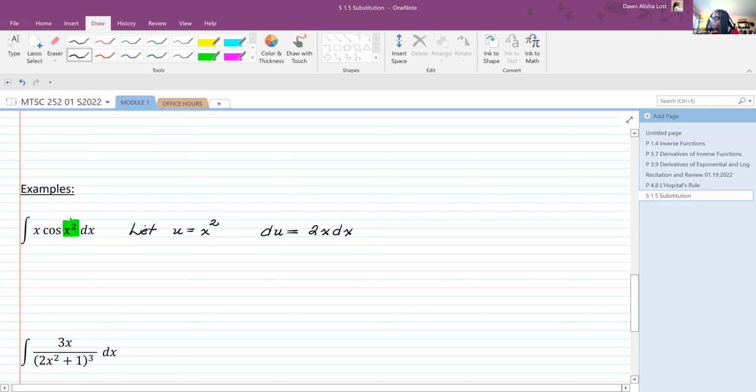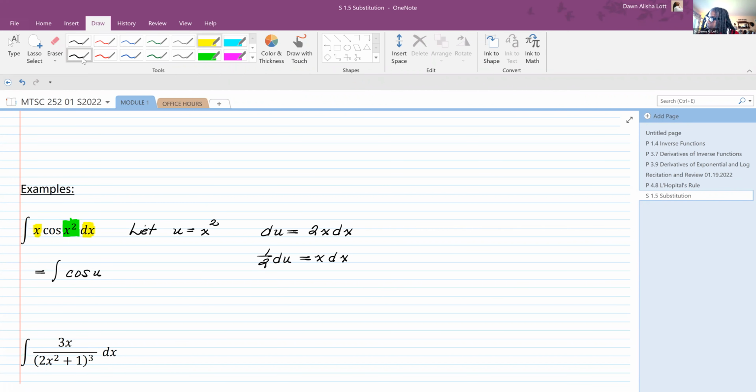Now notice, what do I have in my problem? If I go to rewrite this, the cosine of x squared I can write as the cosine of u. So what's still left in the problem? x dx is what's still left. So now I need to solve for that. x dx, divide both sides by 2, is 1/2 du.